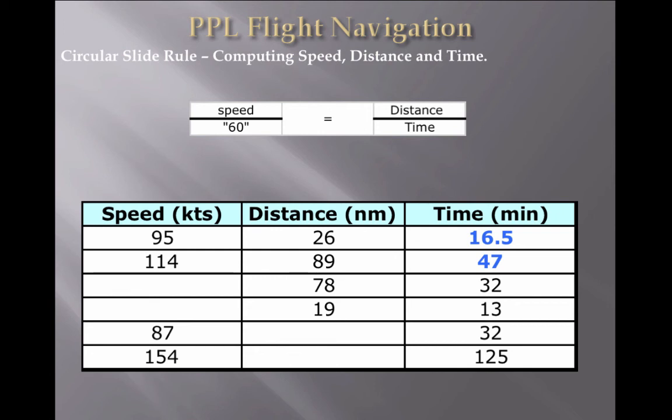So this time we've got a distance and a time. Now time we know is always on the inner scale, so it's always the bottom part of that fraction. So let's take our time of 32 and line that up with our distance of 78. And I'm getting 14.5, 14.6.